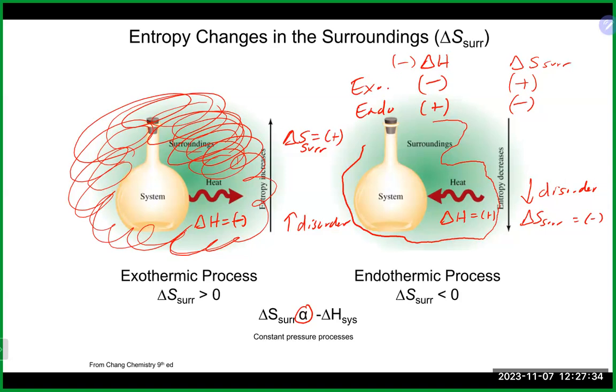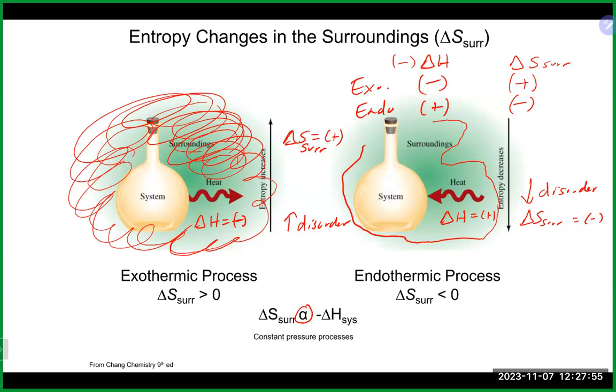So the temperature of the surroundings to begin with does make a big difference in terms of whether or not you will see a big entropy change, because if it's really high to begin with, you're going to have a lot of energy, a lot of disorder already. So that little bit added from the exothermic reaction is not going to make a big difference.